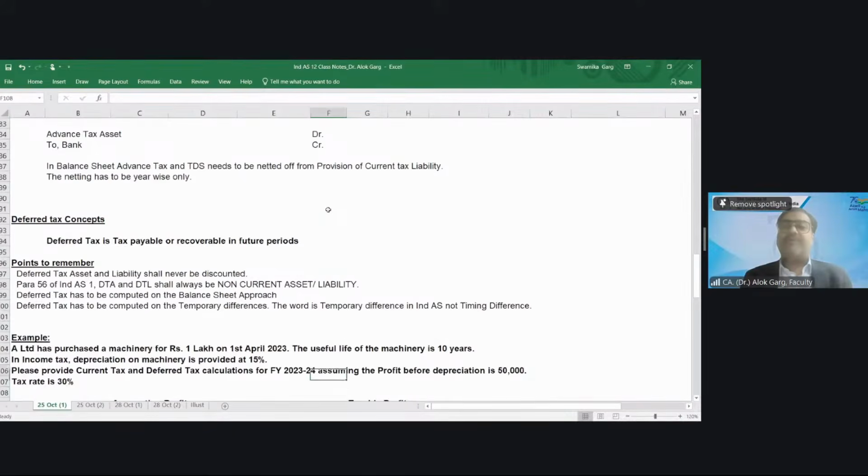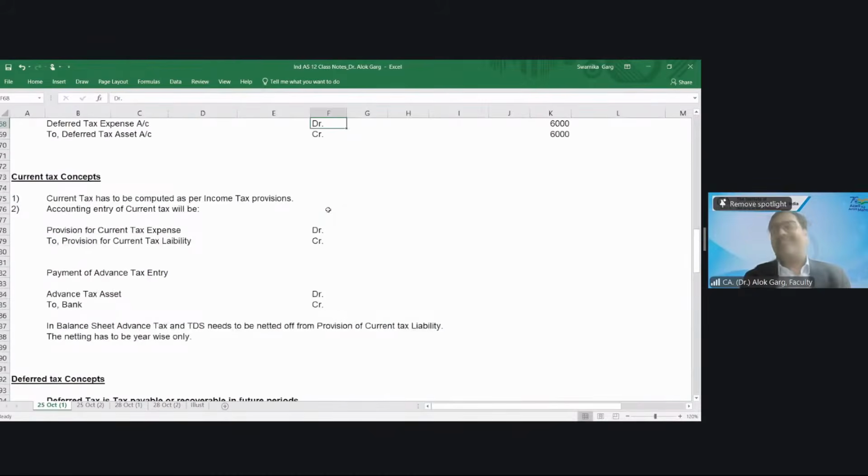What is the point to remember? Let me ask you a question here. A company has prepared a financial statement for the year ended 31st March 2025. On the balance sheet date, the company was having huge losses.